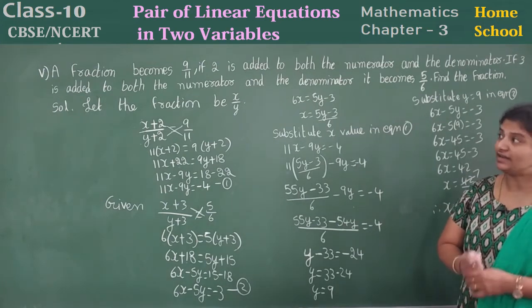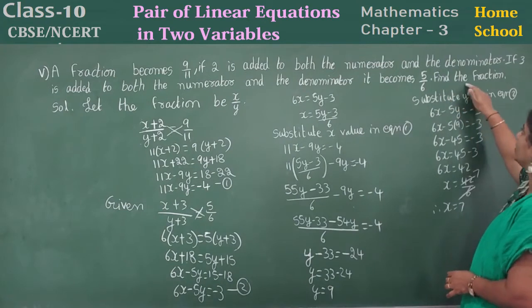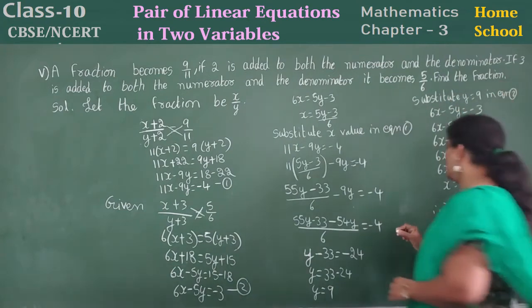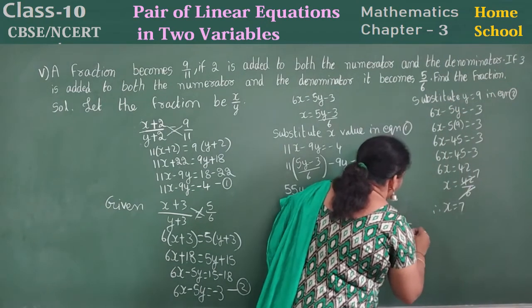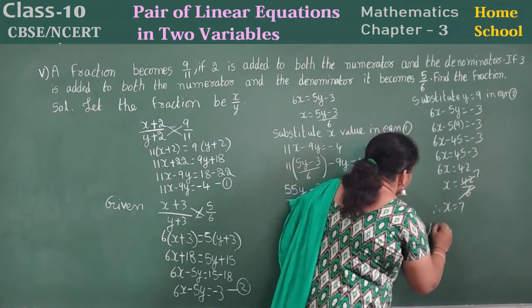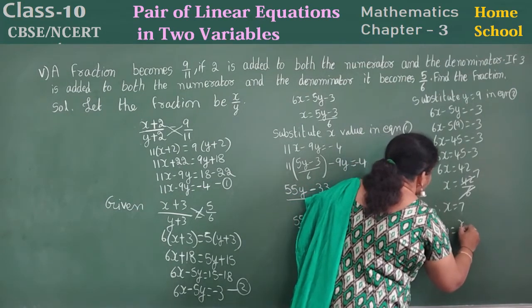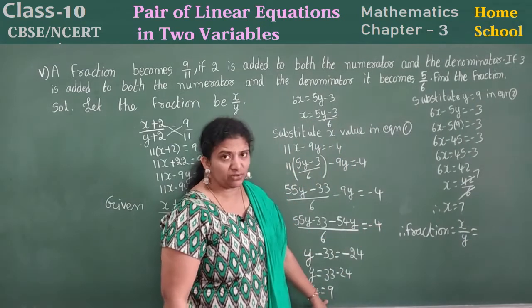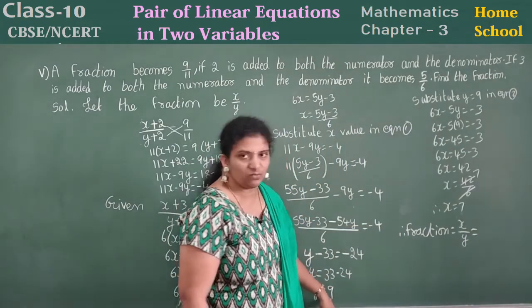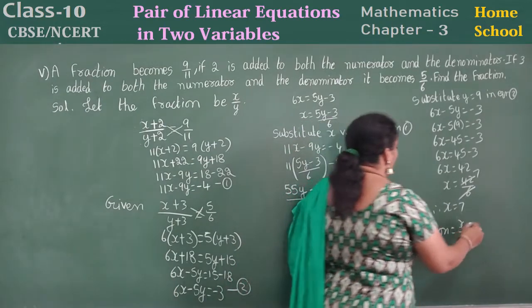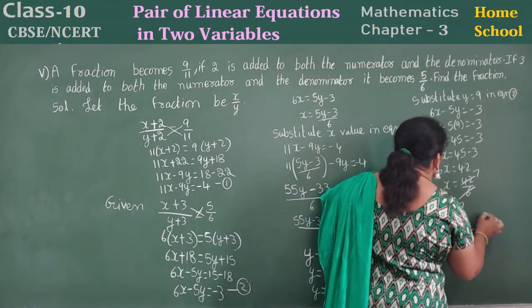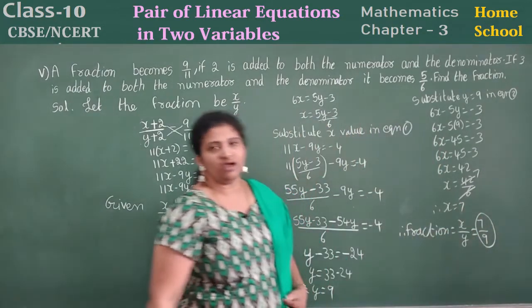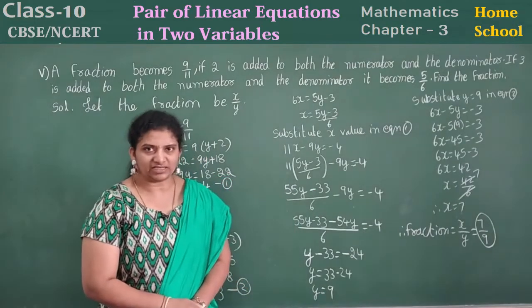What is the fraction asked? Look here carefully. Find the fraction. Therefore, the fraction is equal to x by y. That is, what is your x value and y value? x is 7 and y is 9. Therefore, that is equal to 7 by 9 is the given fraction.